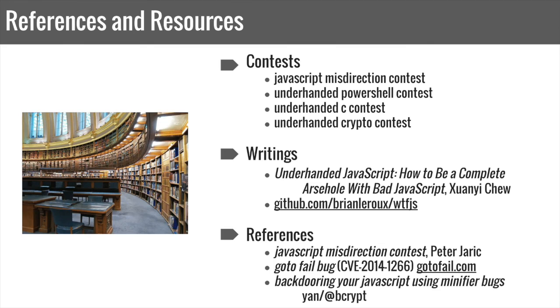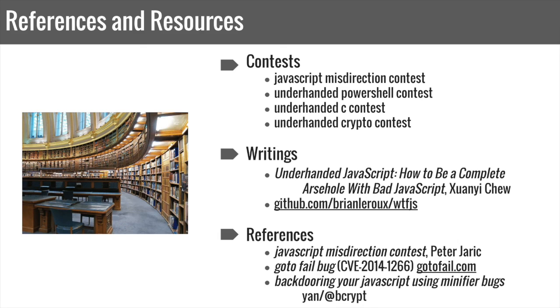So that's it. I will briefly mention some of the things I referenced and other resources you can check out. There are a number of contests that deal with underhanded code. There's one for JavaScript, PowerShell, C, and one for crypto as well. The crypto one is quite interesting. I would have loved to pull some of those examples in here, but they were sufficiently complicated that I couldn't figure out a way to talk about them quickly.